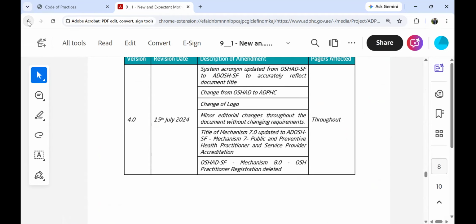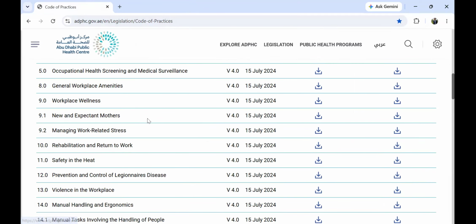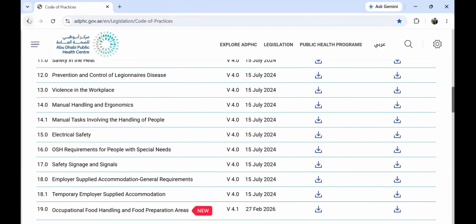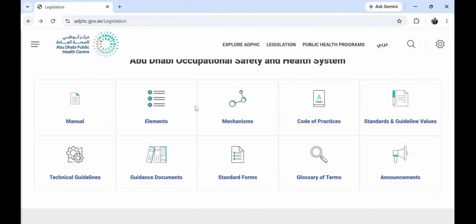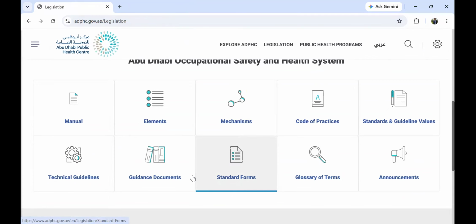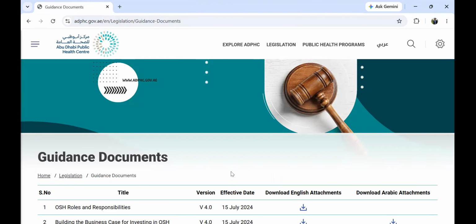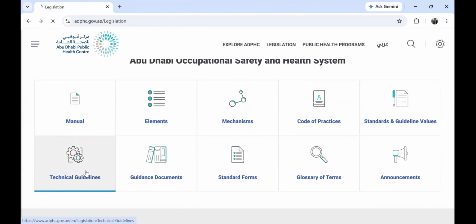Let me also see this document. This document is people of special need. So there was some guidance documents. Okay, not here. Technical guideline.